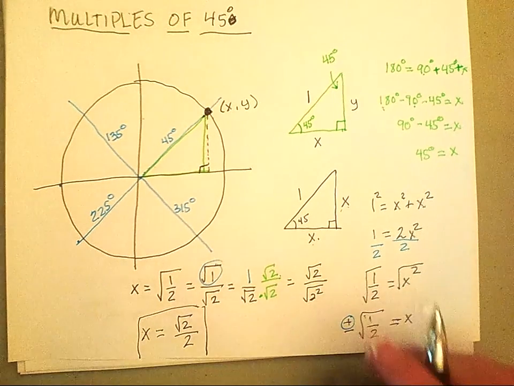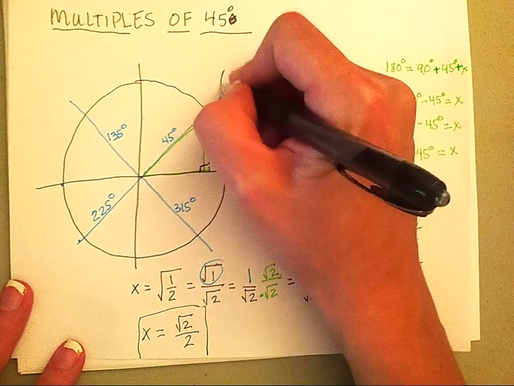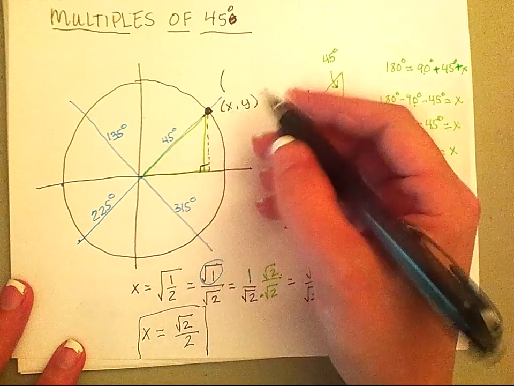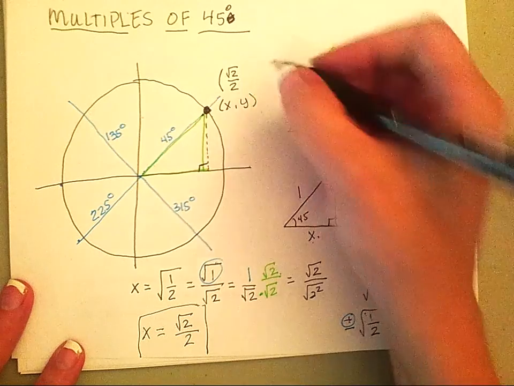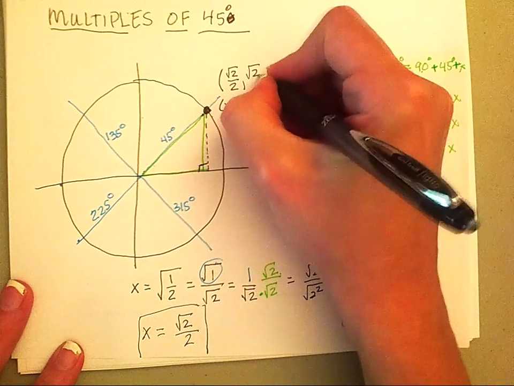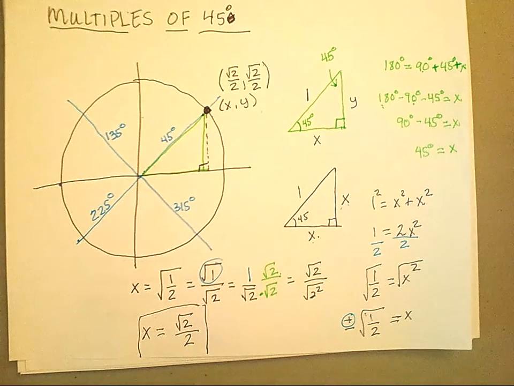So this is our x value. That means the length that I've gone here is the square root of 2 over 2. And since y is the same, the height is the square root of 2 over 2. I hope this makes sense.